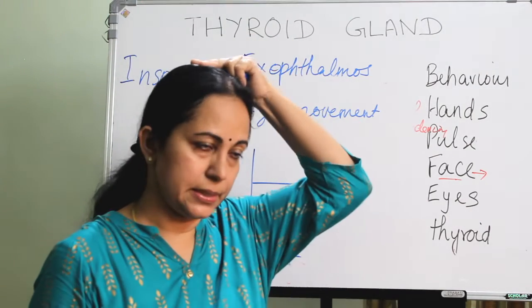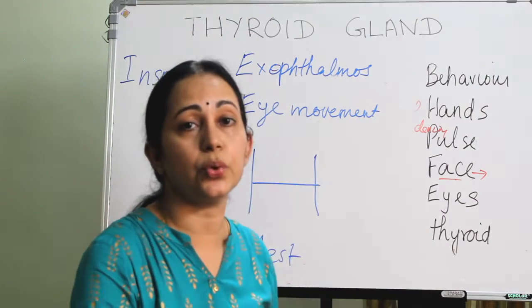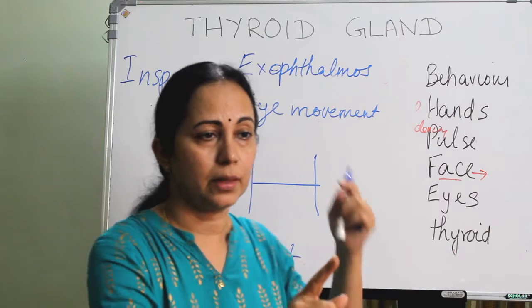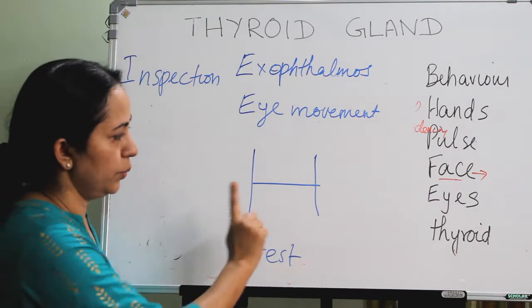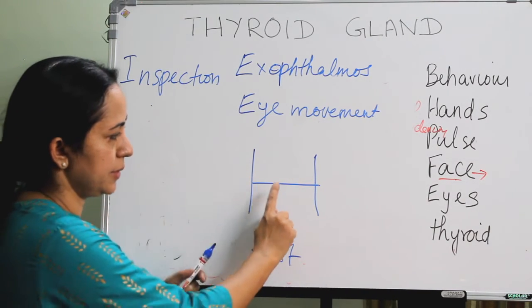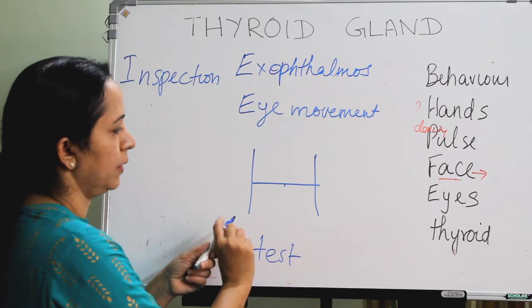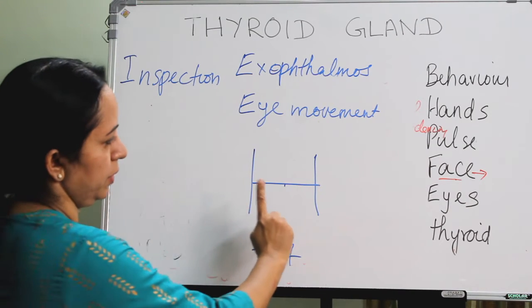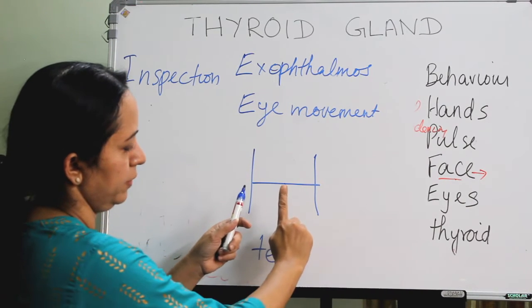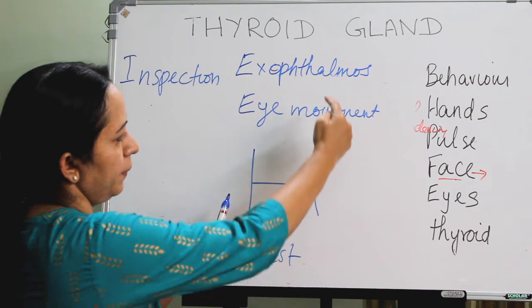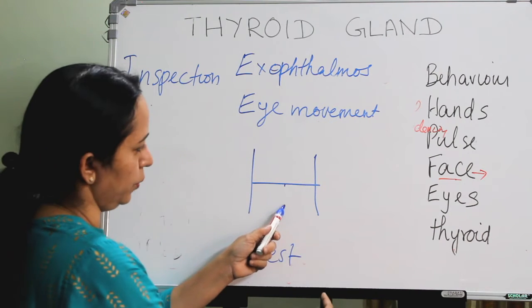First, fix the patient's head. Ask the patient to follow the tip of your finger. Then, starting from the center, move to the left side, then above and then below.